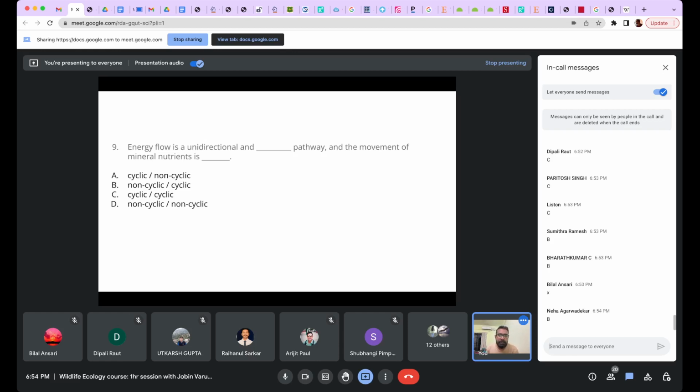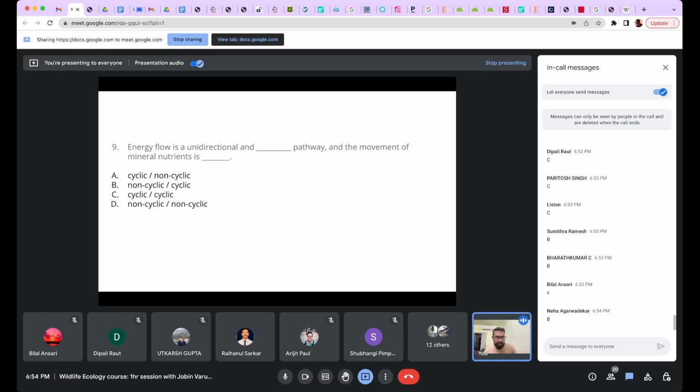So energy cannot be reused. Once used, energy is lost. It's either used up or lost as heat energy, or in digesting the food or producing the food, or whatever energy is used for. So it's lost and never reused. So it's a non-cyclic pathway for energy. But the movement of other materials is cyclic.